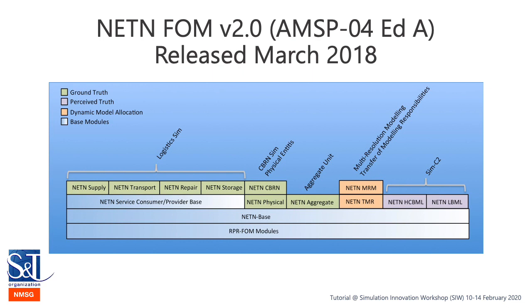But our focus for today's tutorial is the next version, so version 3. But I just want to give you a short introduction to the current version that was released in March 2018.